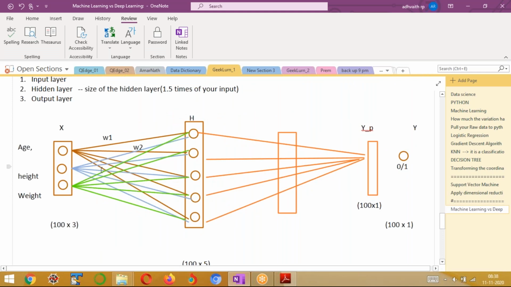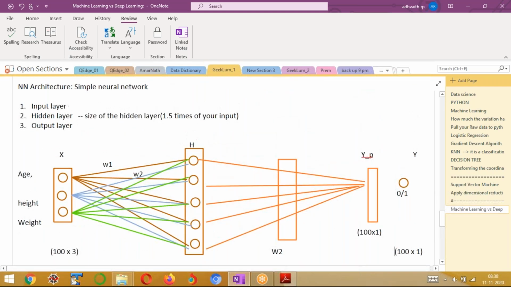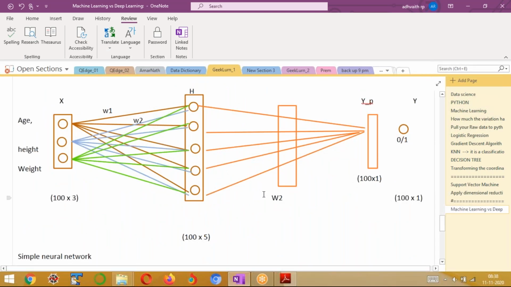Initially you are taking random values for creating weight values, and you are passing those values into the hidden layer. Again you are constructing weight 2, again passing it, creating randomly generated weight 2 values, and then you are applying and getting the result.